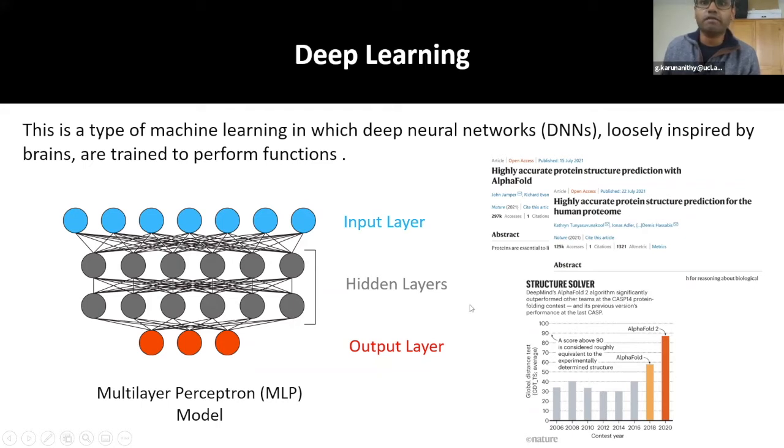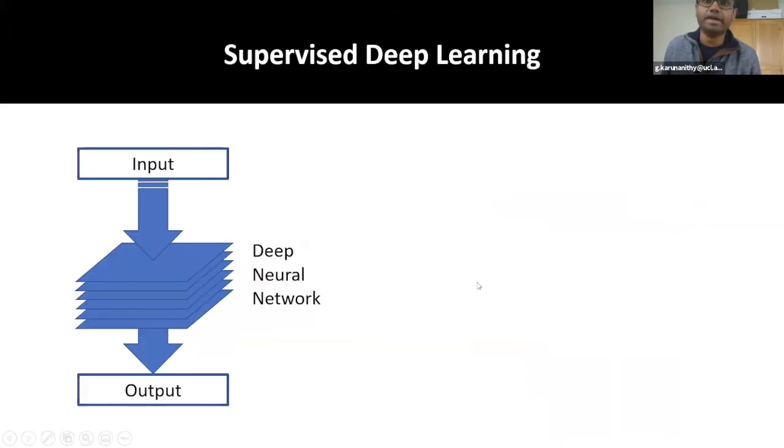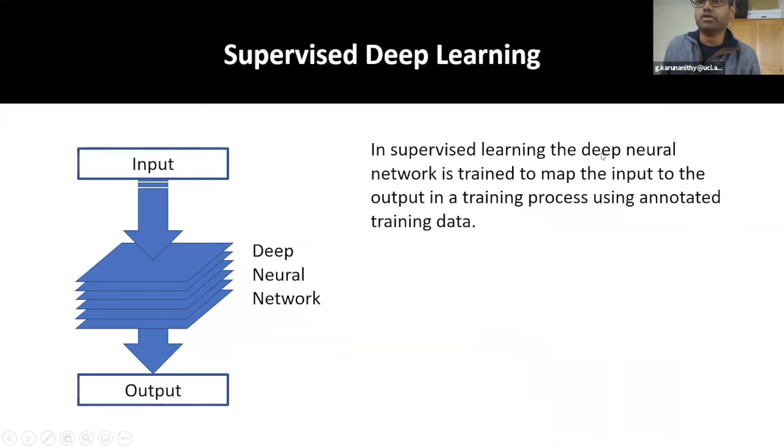So the kind of deep learning we're doing is supervised deep learning. What that means is you have an input and an output, and Ilya touched on this. You want to map the input to the output through this training process, and you give the network annotated training data.